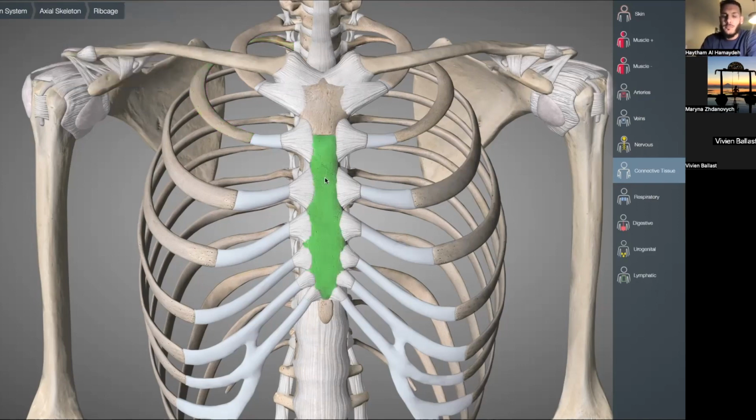The body of the sternum articulates with half of the second, then it articulates with third, fourth, fifth, sixth, the whole thing, and then half of seventh.